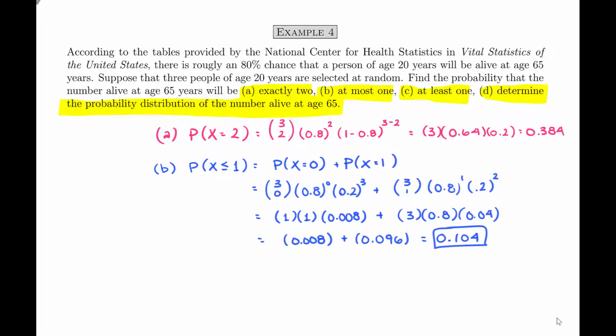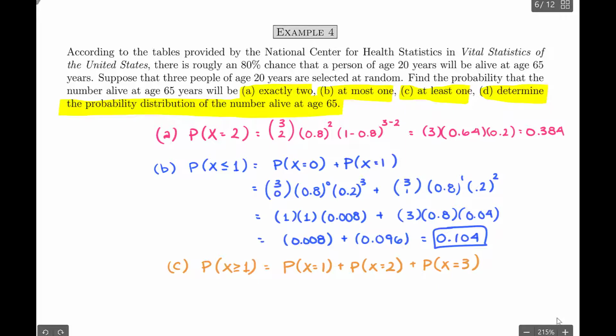Part C, we will give Jamie credit for recognizing this so astutely the other day in class. It's the probability that x is greater than or equal to 1, which means we have the probability that x is equal to 1 plus the probability that x is equal to 2 plus the probability that x is equal to 3.